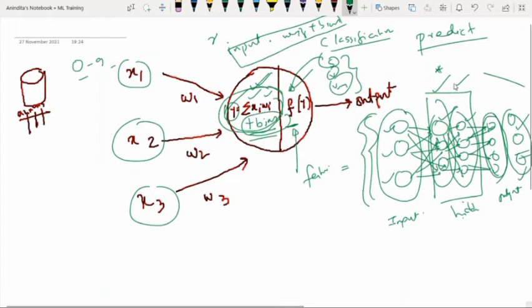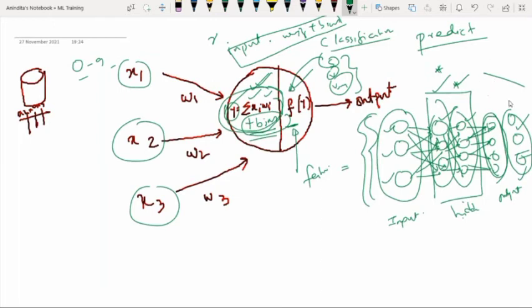Now again, the next consideration is what is the number of hidden layers and what is the number of hidden nodes. So it's a trial and error method. Each time we have to change these values and we have to check whether the accuracy of the output is improving or not. So it's a completely black box. What is happening inside the hidden layer, it is very hard to determine.